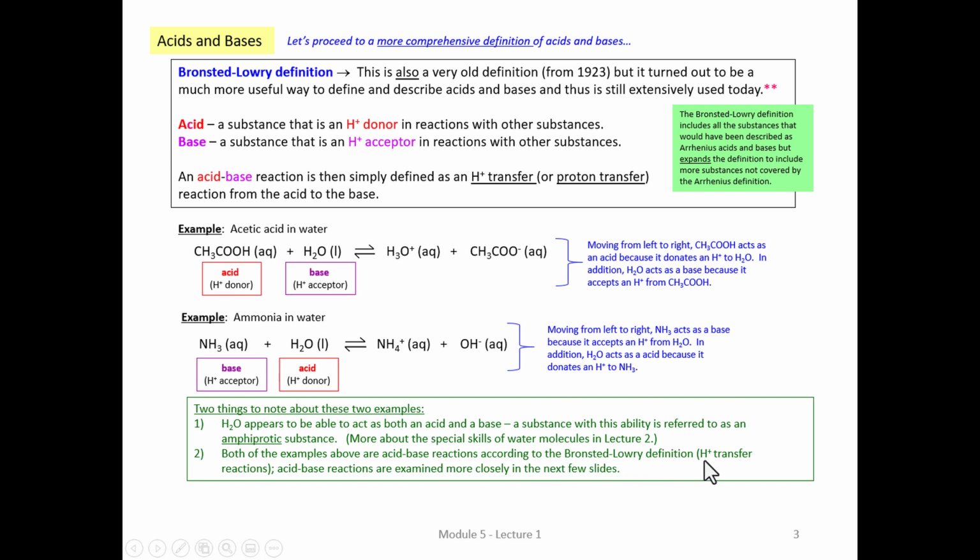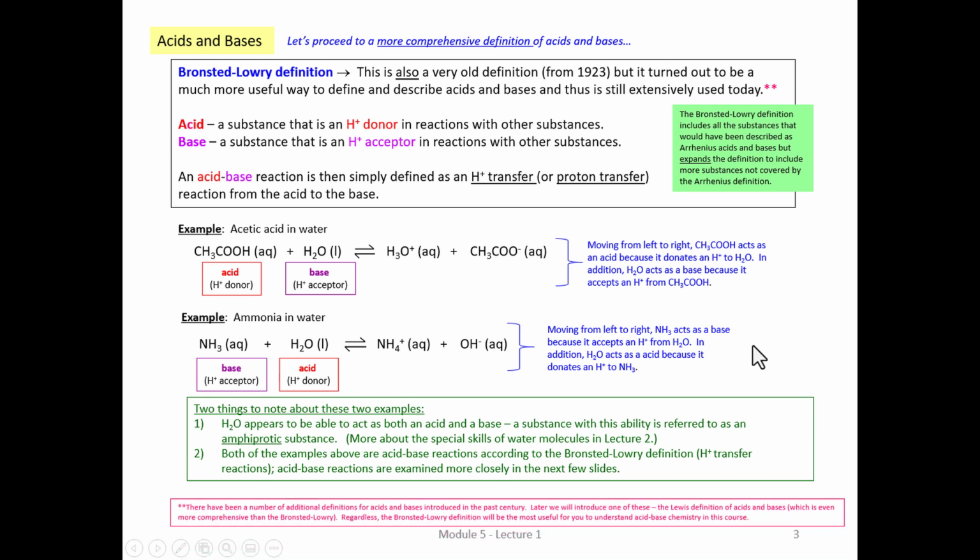Remember, they're H+ transfer reactions. For acetic acid in water, it's an H+ transfer from acetic acid molecule to a water molecule. In the ammonia and water example, it's an H+ transfer from the water molecule to the ammonia molecule. And we're going to examine reactions like that more closely in the next few slides.